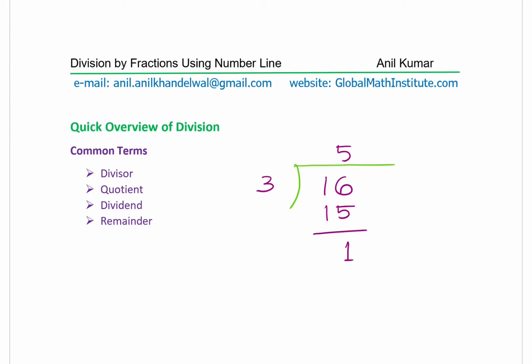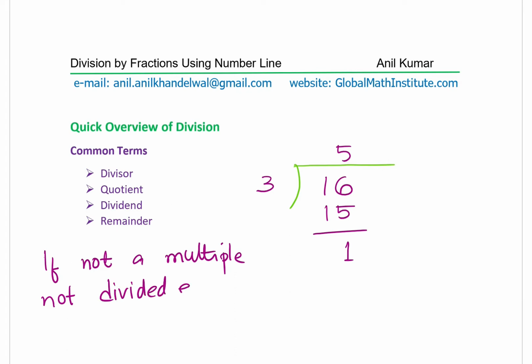So important thing here is that if it is not a multiple, or not divided evenly, then what we get is a remainder, as we get in this particular case.